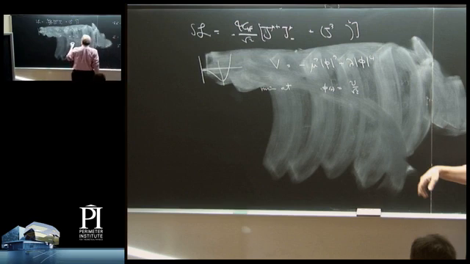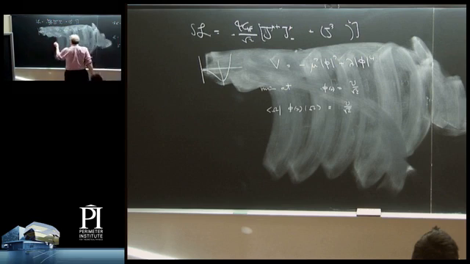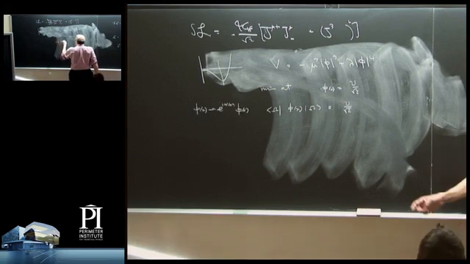Now, φ is a field. If the potential is like this, the minimum is that value anywhere in space. Maybe I should say that this statement is actually a choice of gauge. Maybe I should write this statement a little better: I'm going to choose a vacuum in such a way that the vacuum expectation value of φ is uniform and has the value v over the square root of 2.